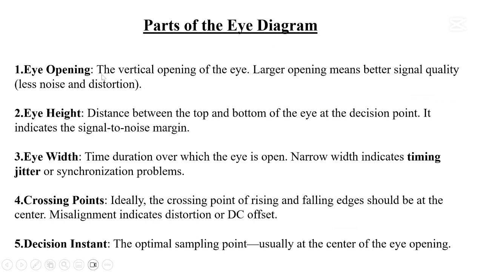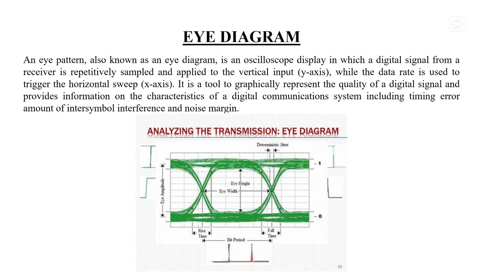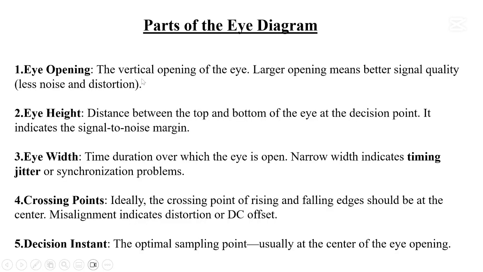Sometimes the eye is closed and sometimes it is open. In the previous diagram, you can see that it looks like an open eye, so it is known as the open eye. If we talk about the vertical opening of the eye, a larger opening means a better signal, better quality.